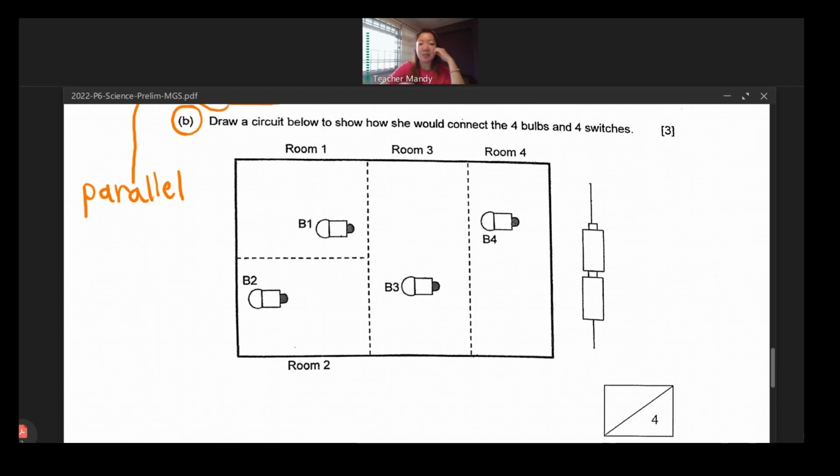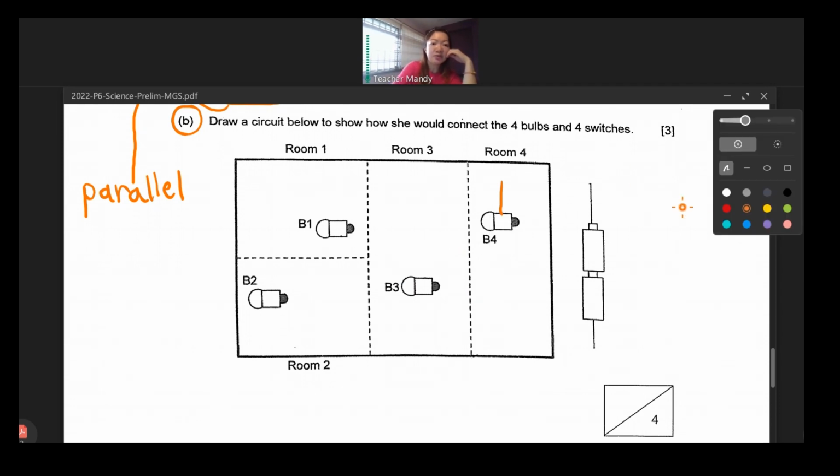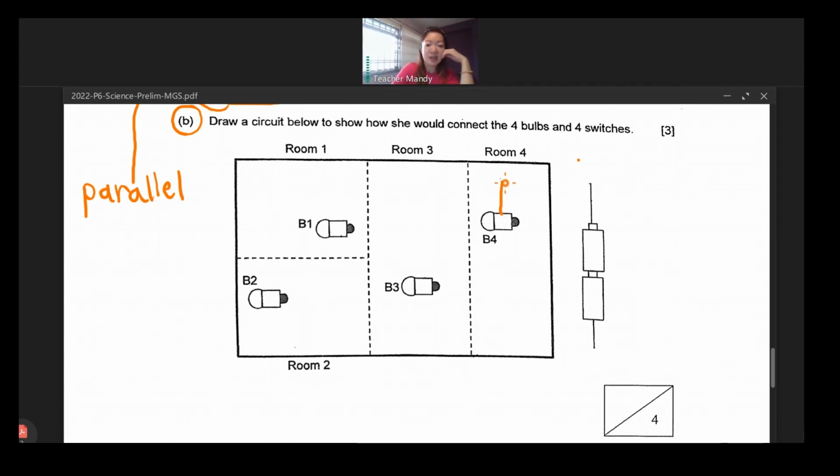So looking at the light bulbs now, in a way they're arranged in parallel. I just have to draw the lines like this. Oh, sorry. I must make sure the connection is correct. So when you connect with the light bulb, one is to the casing, the other one is to the tip.